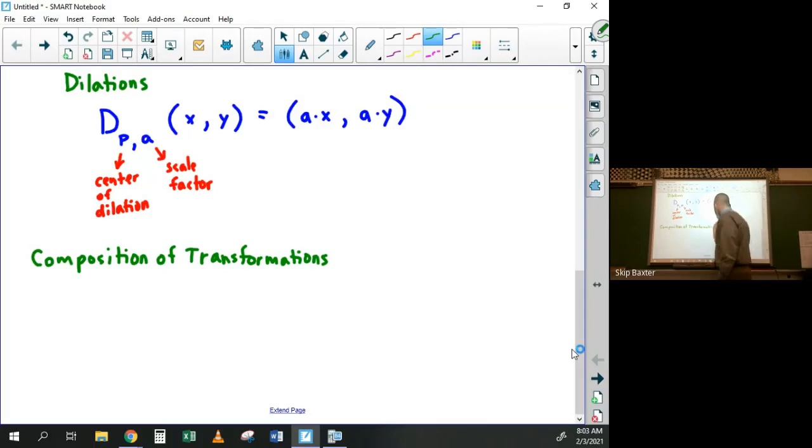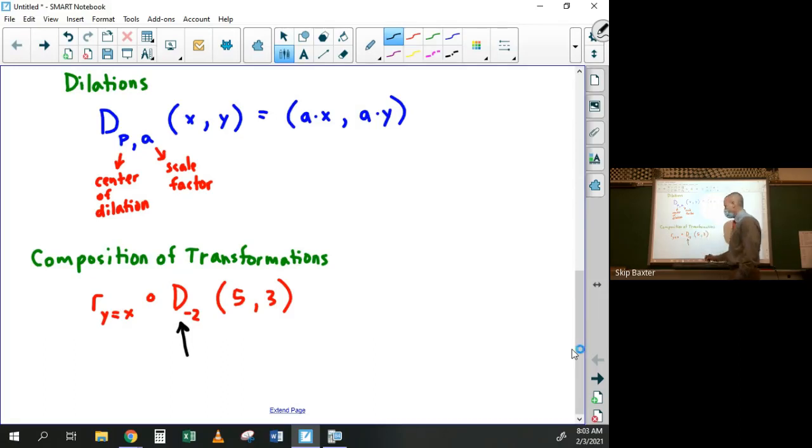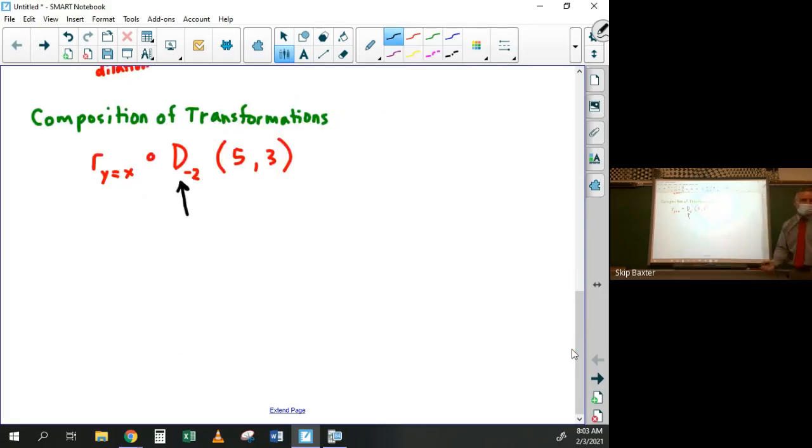Okay, so if you had something like reflection across y equals x, and then the little circle composed with dilation of -2, or something like that, (5, 3). Okay, you're going to do this one first. You work from right to left. It definitely matters. You'll get a different image point if you do it in the wrong order. So this is the one you do first. This is the one you do second. Okay, that's important. Make sure you understand if you're working from right to left.